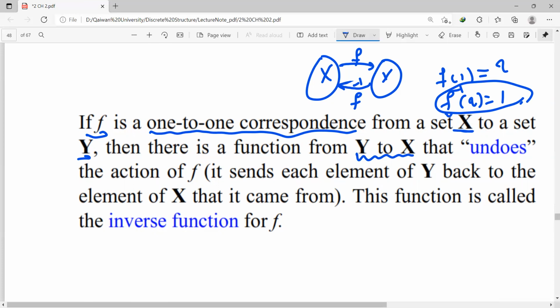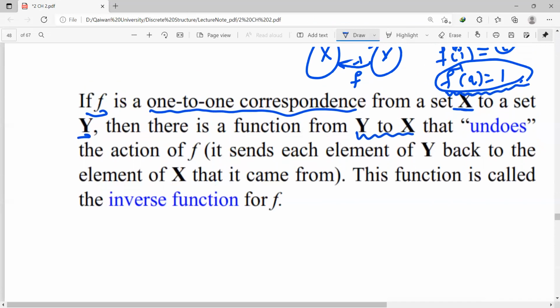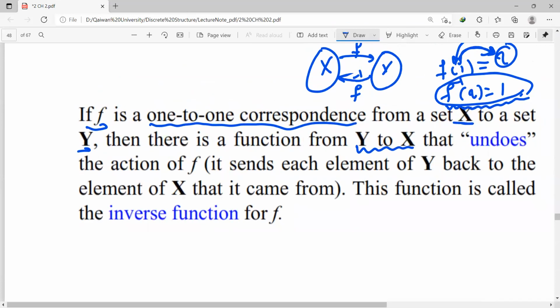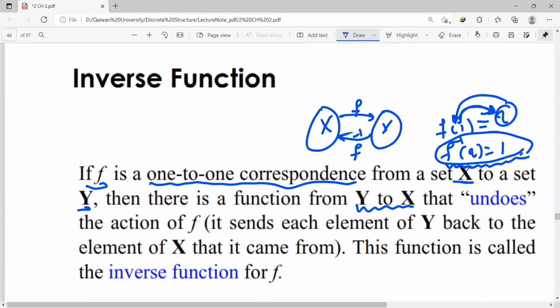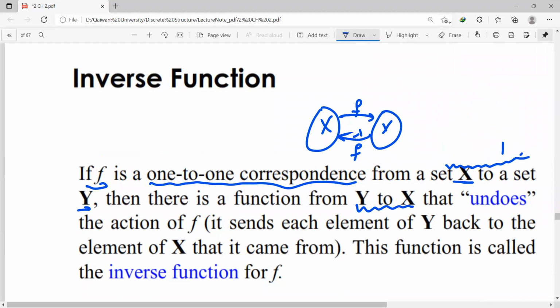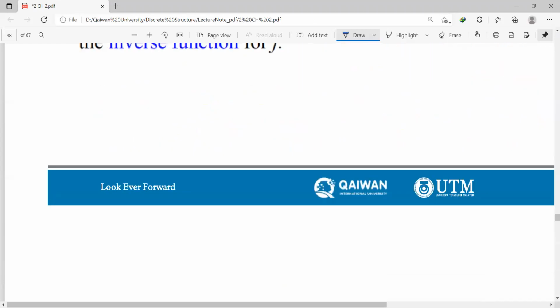Here we say f of 1 is 2, but f inverse of 2 is 1. A function from y to x is called the inverse function of f.